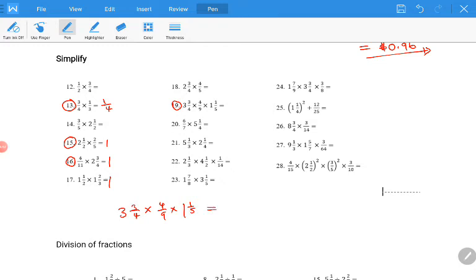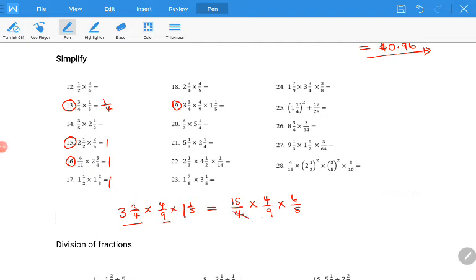This is equals to, if we convert the first one, it becomes 15/4, then multiplied by, here we don't need to convert, 4 over 9, then we multiply by 6 over 5.